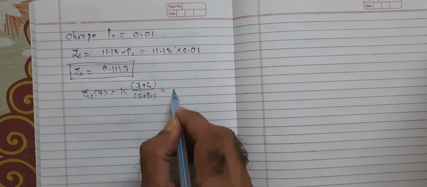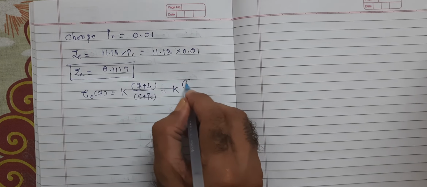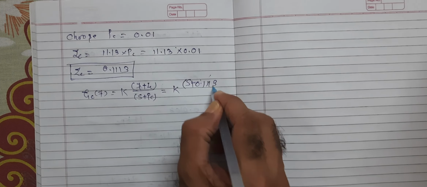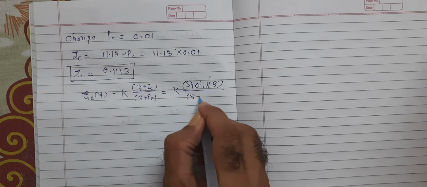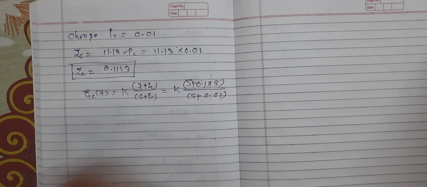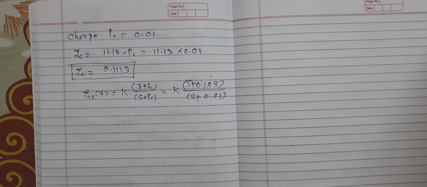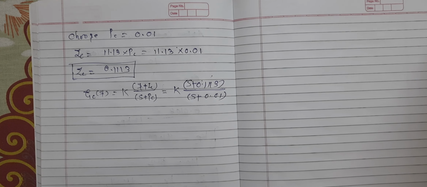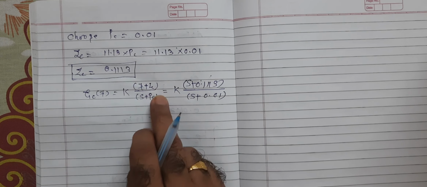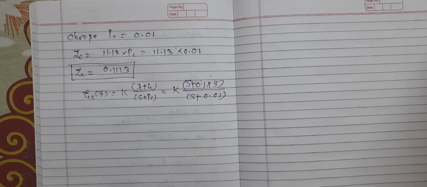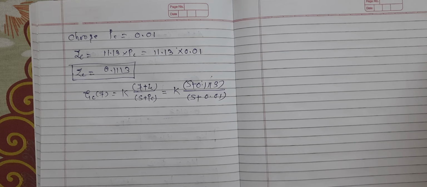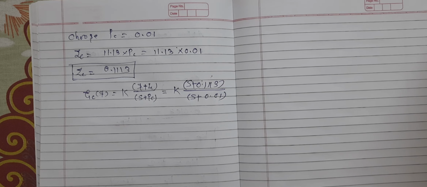So it is equal to K multiplied by (S plus 0.1113) divided by (S plus 0.01). This value we know.